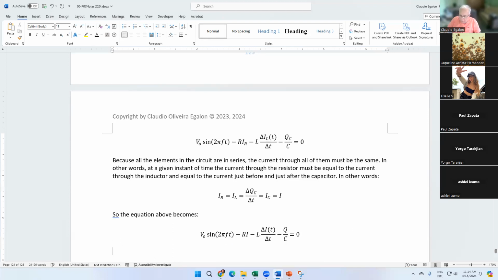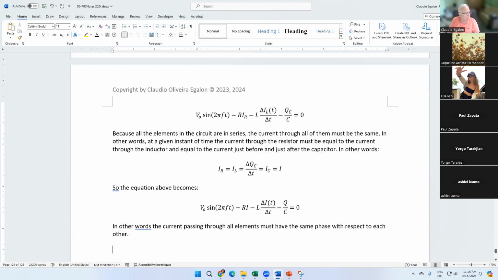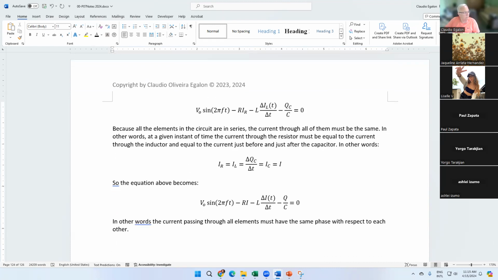In other words, the current passing through all elements must have the same phase with respect to each other. Okay? The same, okay?